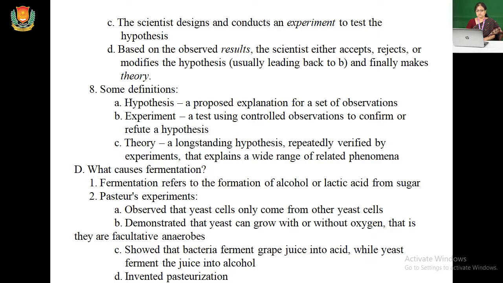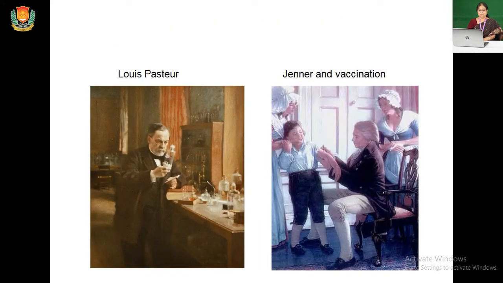Now you are seeing Louis Pasteur, whom I have told you about, in different forms. And here we are seeing Jenner, vaccinating by introducing a pustule lesion into this young boy of 8 years, and he recovered from smallpox, right?